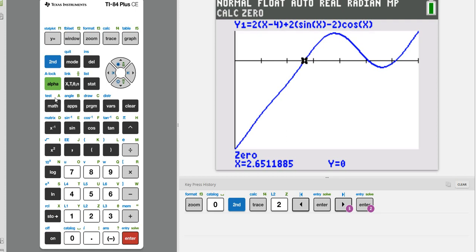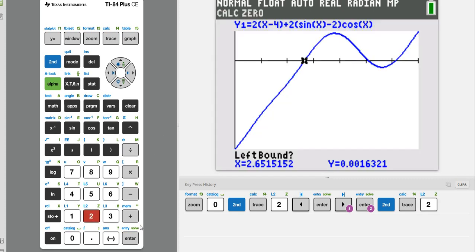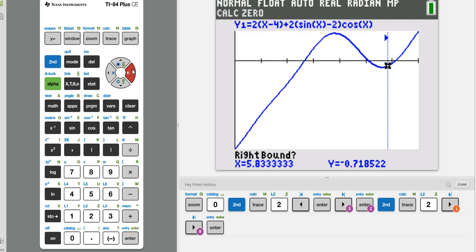Second calc, 0 again. This time I want to go all the way over to this one. Enter, enter, enter. And 6.128.